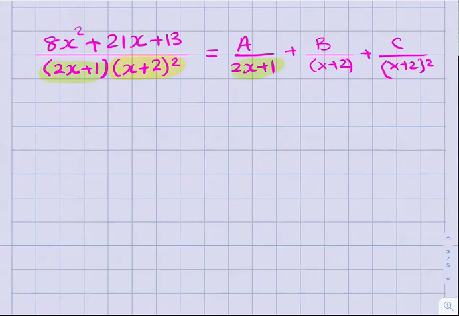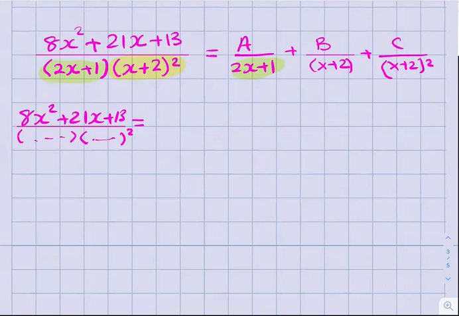After you deal with this as a partial fraction, it's 8x squared, I'm not going to write the denominator, plus 21x plus 13. I have to write it down.